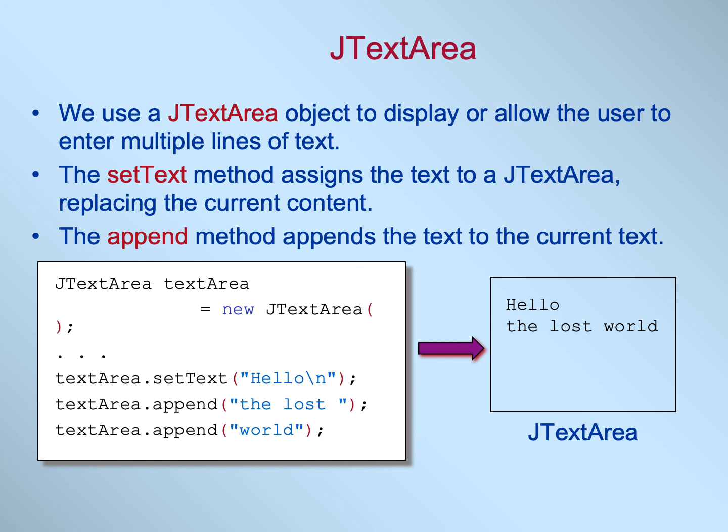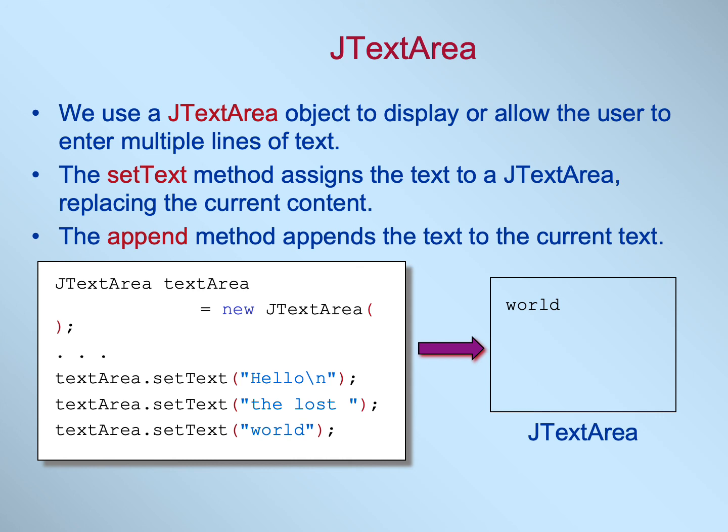And then we want to add more text, we would write TextArea.append("world"). So if we run this code, the output would be "Hello the lost world". If you want "the lost" and "world" to be in two rows, then you have to write \n at the end of "the lost".